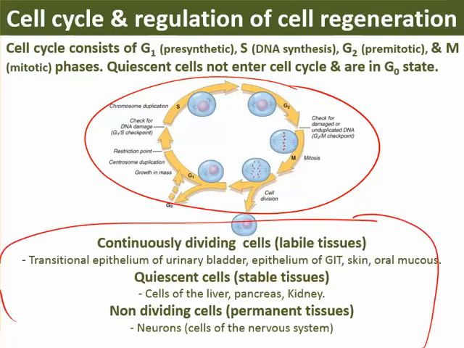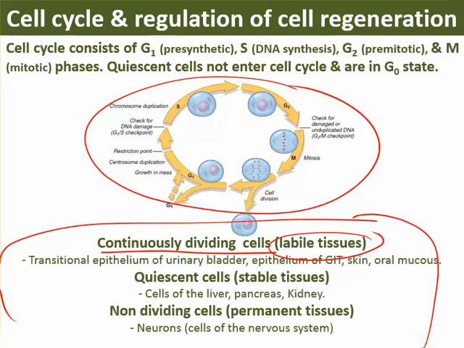Okay, see, there are three types of cells in our body. There are some cells that are continuously dividing. They are called continuously dividing cells, and the tissue is called labile tissue.